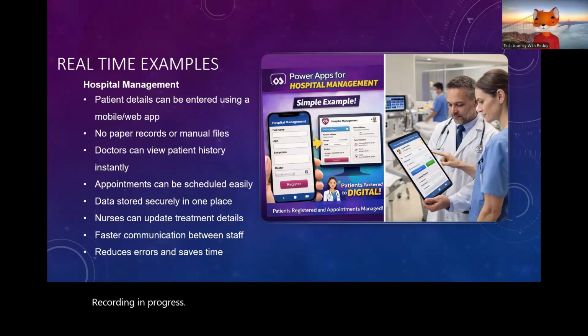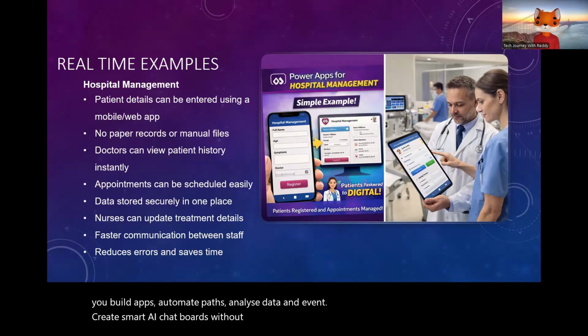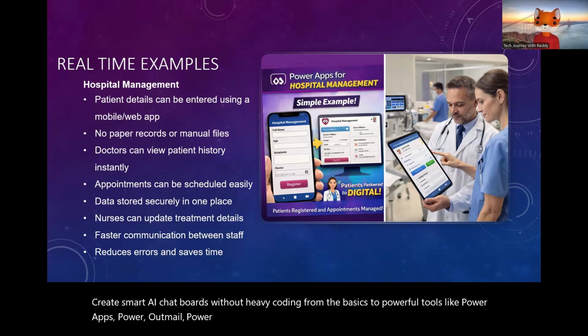Now, you have seen how Microsoft Power Platform can completely transform the way you build apps, automate tasks, analyze data, and even create smart AI chatbots without heavy coding. From the basics to powerful tools like Power Apps, Power Automate, Power BI, and Copilot Studio, you can clearly see how game-changing and future-ready this platform is in real-world scenarios.